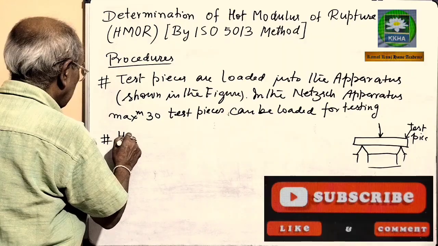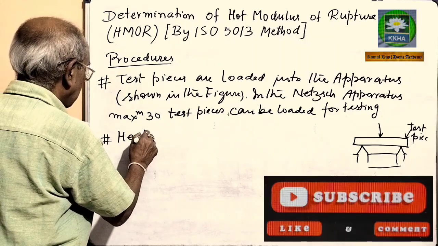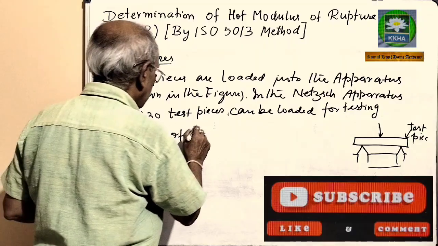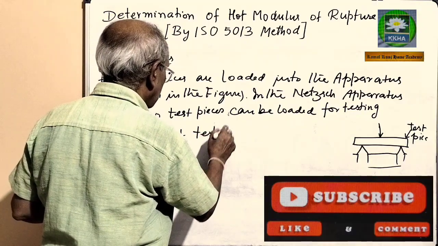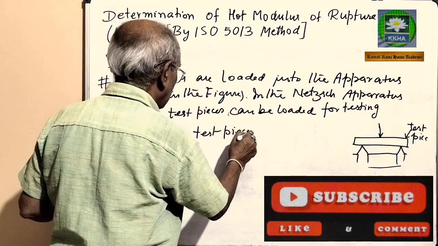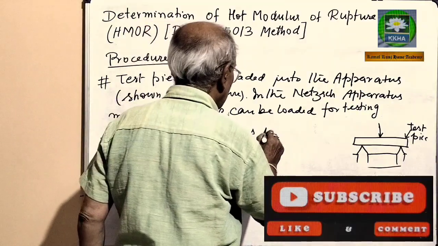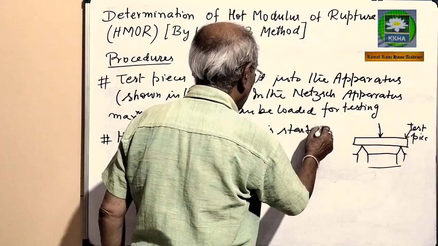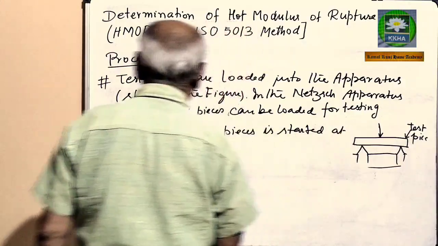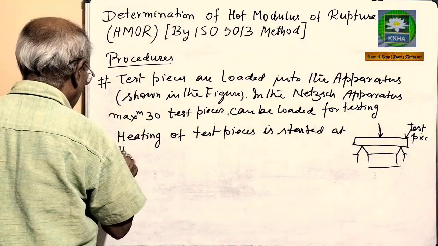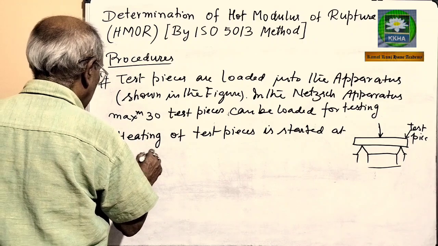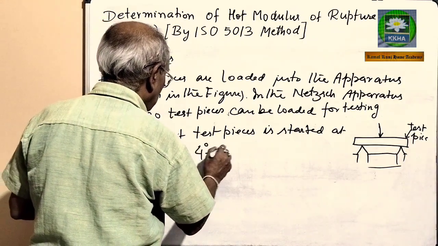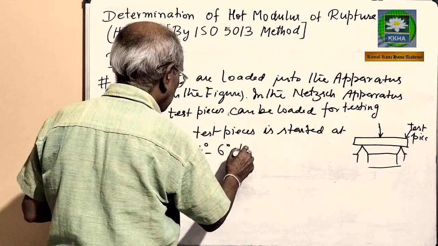Then heating is started. Heating of test pieces is started at the rate of 4 to 6 degrees Celsius per minute.